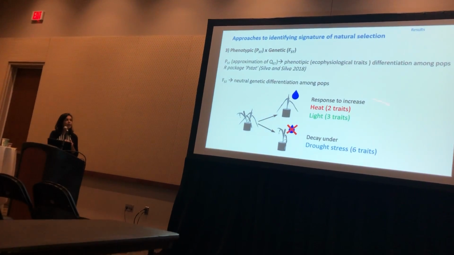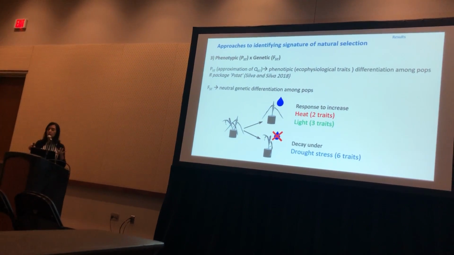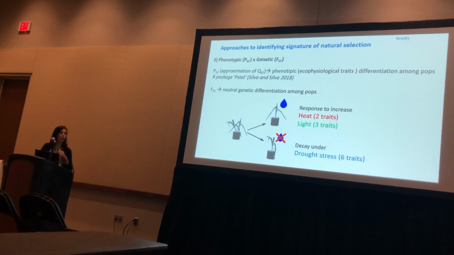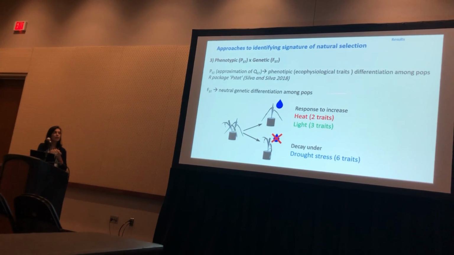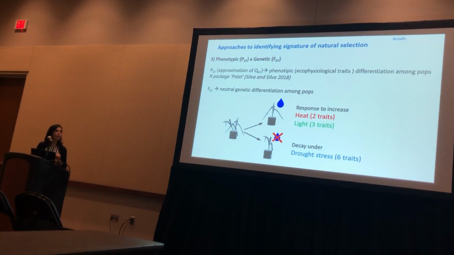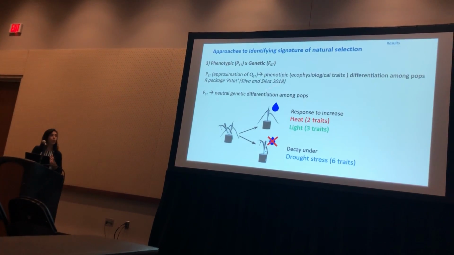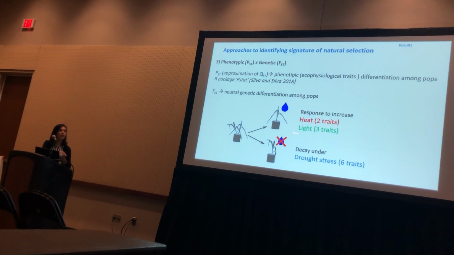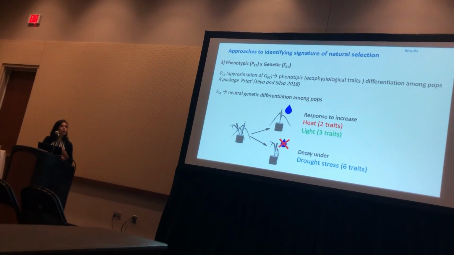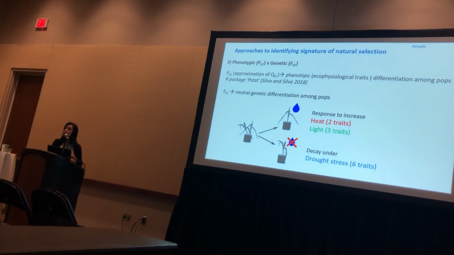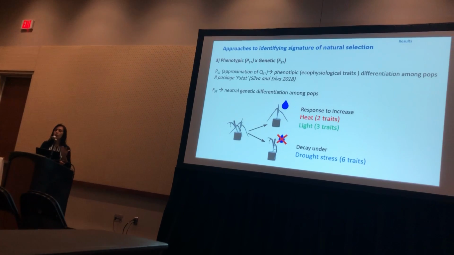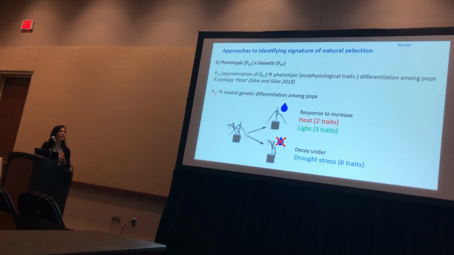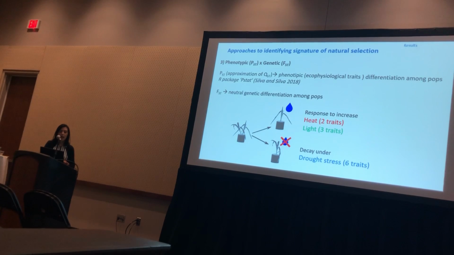Basically, in the greenhouse, we submitted some plants to drought stress, and then collected 6 traits for drought. Other plants were kept with normal watering, and we imposed heat stress and light stress, and collected 2 traits of heat stress and 3 traits of light stress. Then we used those traits to calculate the PST using the R package Pstat, and tested it against the FST from neutral genetic differentiation among populations.